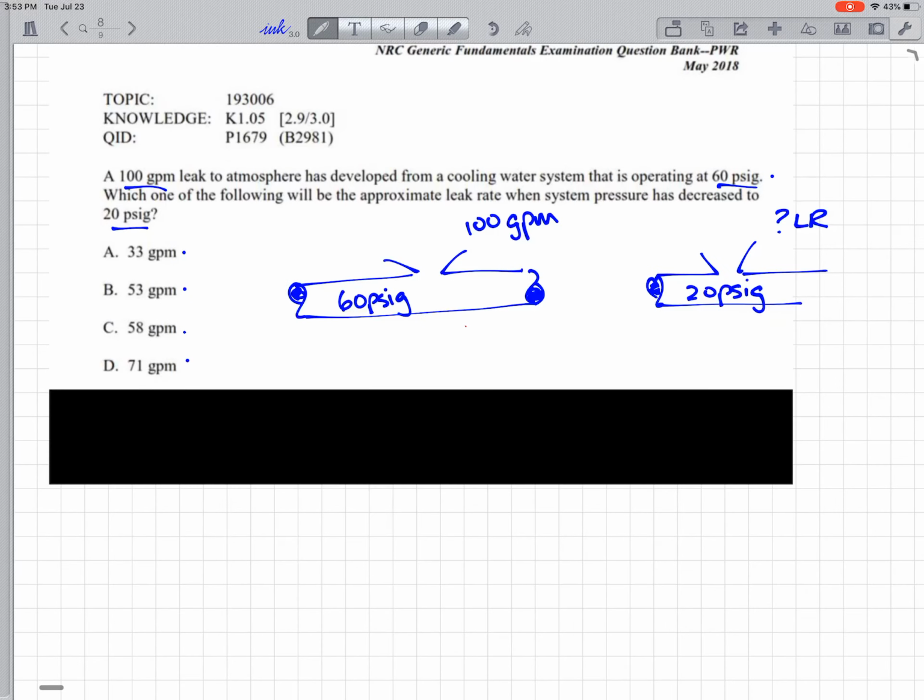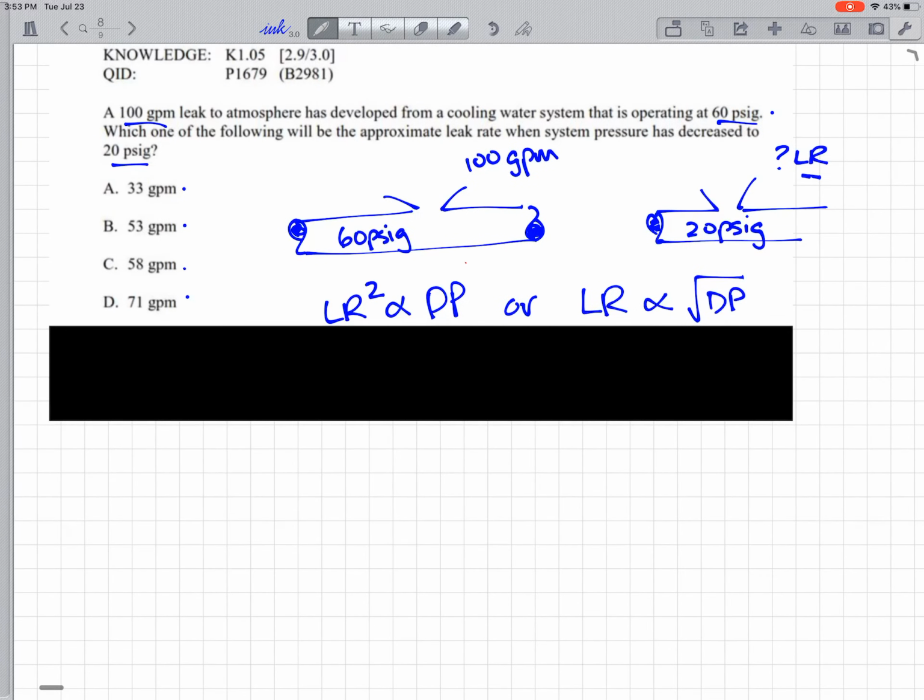Now we can get that by this right here. Leak rate squared equals, I'm sorry, not equals, that's a very important distinction, is proportional to dP. Or leak rate, since we're looking for leak rate, is going to be proportional to the square root of dP. And that's going to come because of this. Remember the general energy equation?